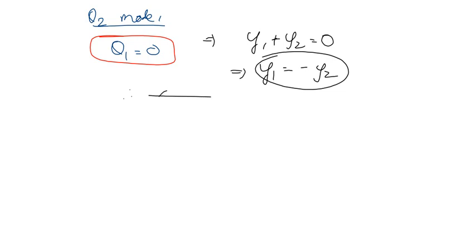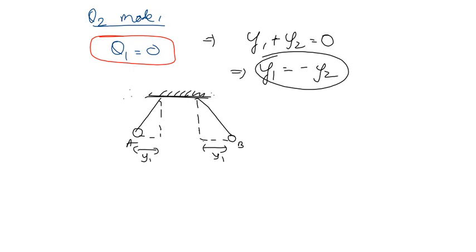Say this is the pendulum A, then this will be the pendulum B, and let's say that this one is y1, this one will also be y1, but look, the directions are apart. Pendulum A is pulled towards this direction, pendulum B is pulled towards this direction, so it is going to be in opposite directions.